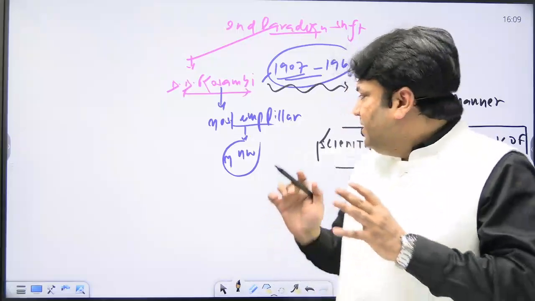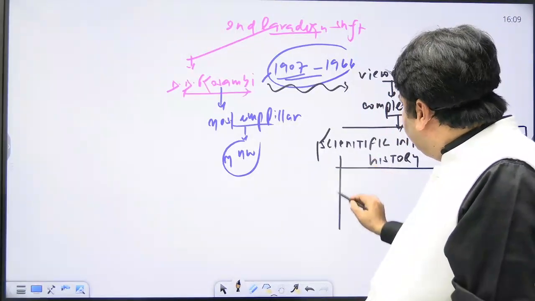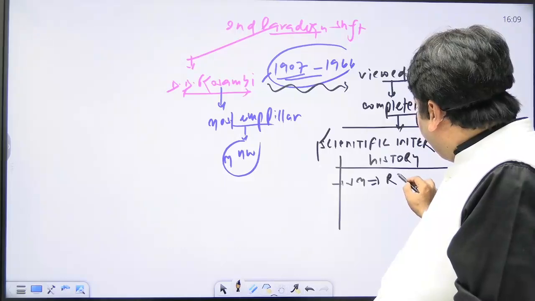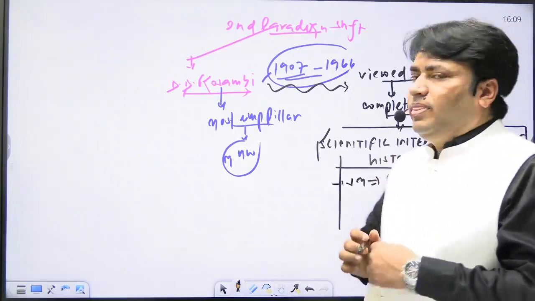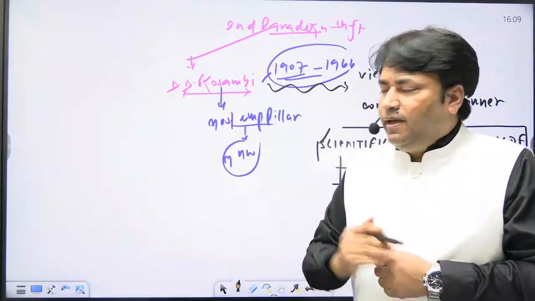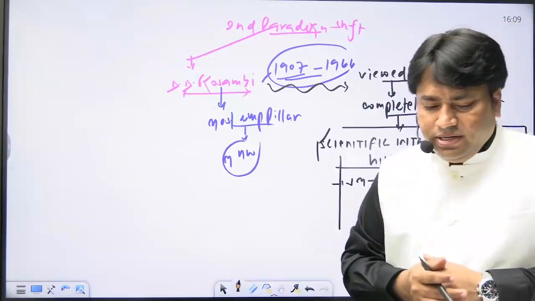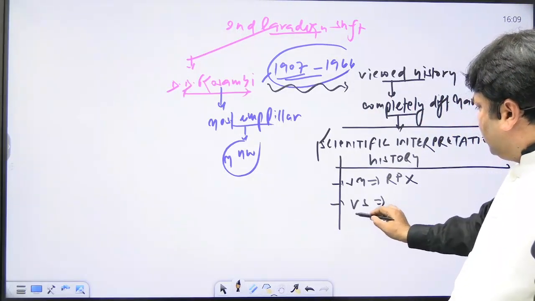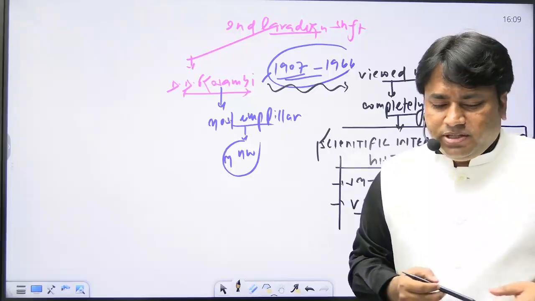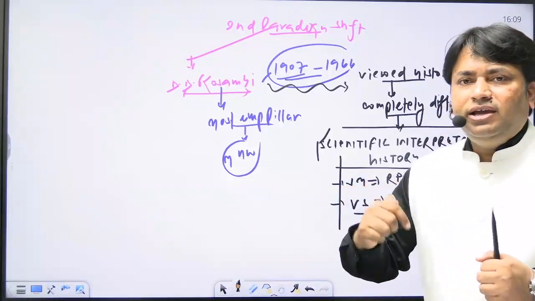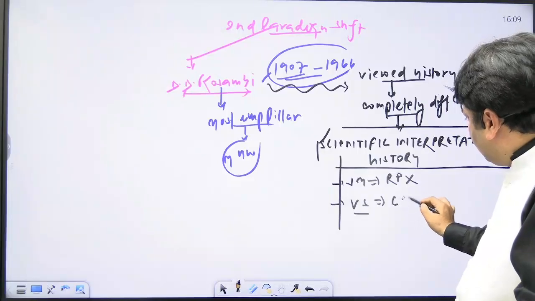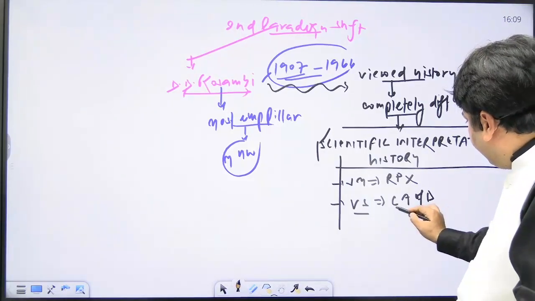First, he rejected James Mill's outlook, that is, the outlook of religious periodization of history. He also rejected the outlook of Vincent Smith. And what was the outlook of Vincent Smith? Writing history like chronological accounts of dynasties.